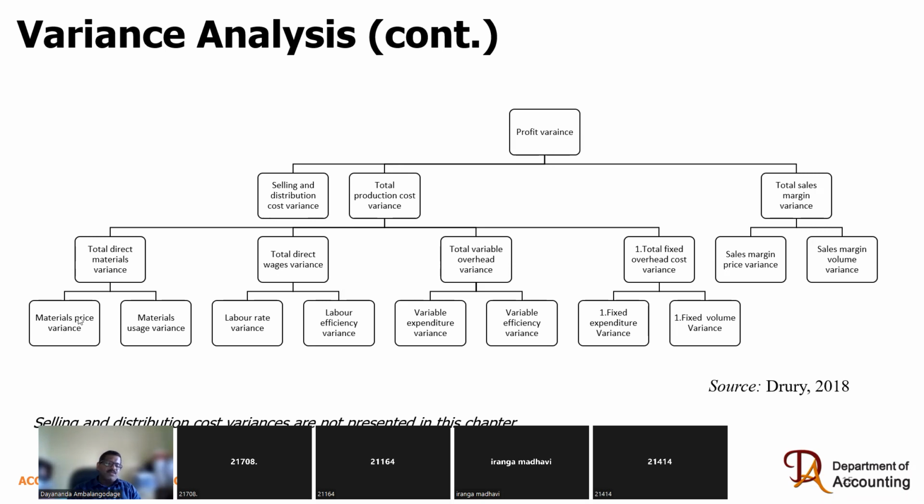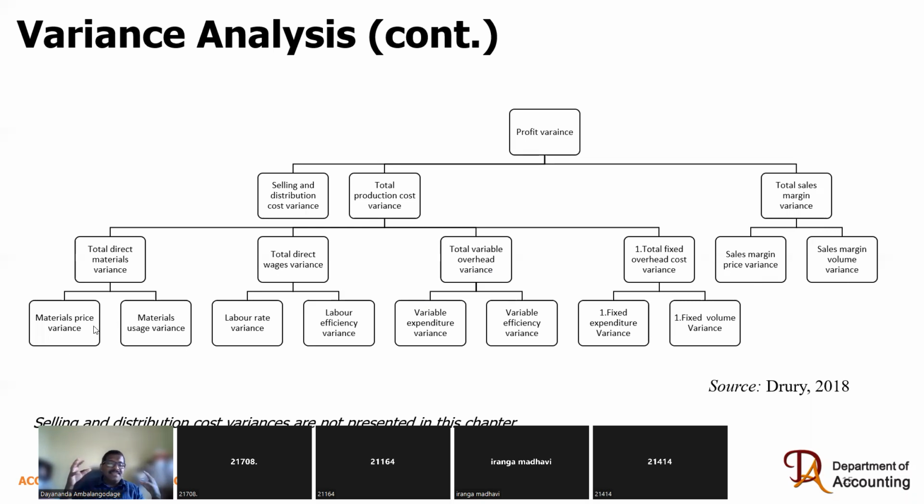Material variance may be price variance and material usage variance, and also total direct wages variance, labor rate variance, labor efficiency variance, total variable overheads variance, expenditure variance, efficiency variance, total fixed overhead variance, total expenditure variance, volume variance, total sales margin variance, sales margin price variance, and sales margin volume variance. You see now technical words are coming.